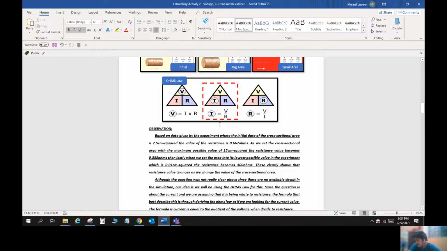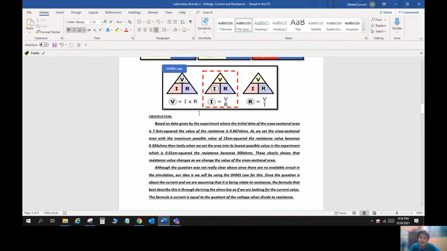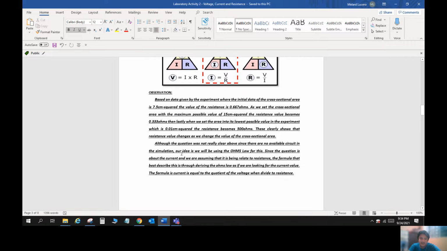and having this other relationship, just by transforming this initial equation of V equals IR, we can have the formula for I, the current, and R, the resistance.